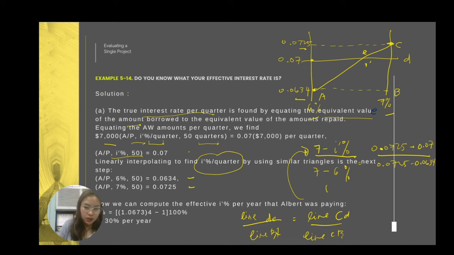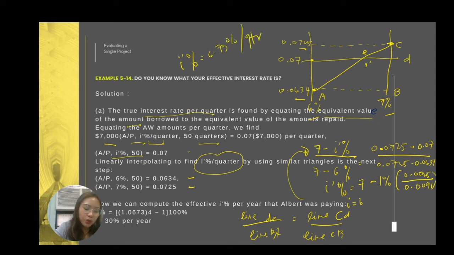And that is I equal to 7 minus 1%, 0.025. If you simplify the equation above, you will get I prime percent of 6.73 per quarter. I prime is 6.73% per quarter.